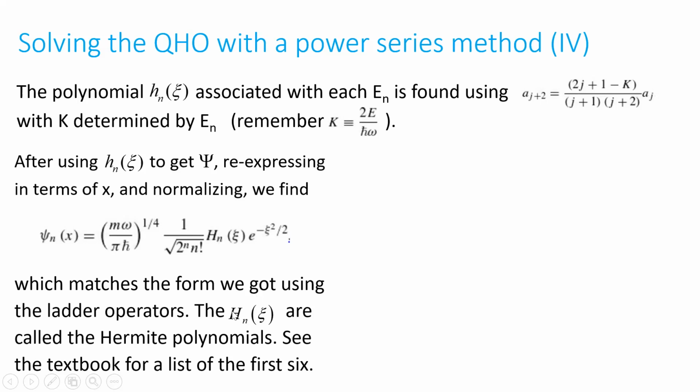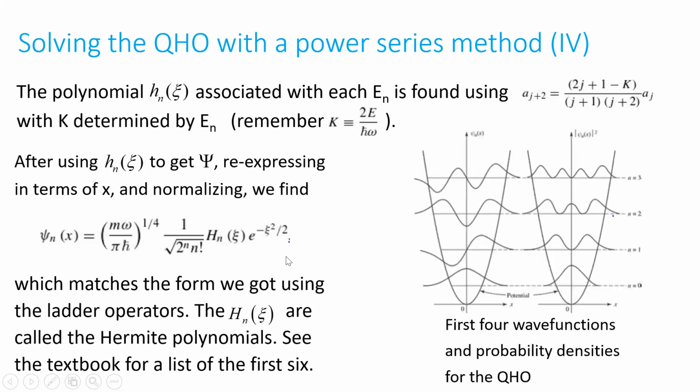And just for your information, these H_n of psi are called the Hermite polynomials, after a French mathematician, Hermite. I won't list them here, but you can see the textbook for a list of the first 6 of these polynomials.